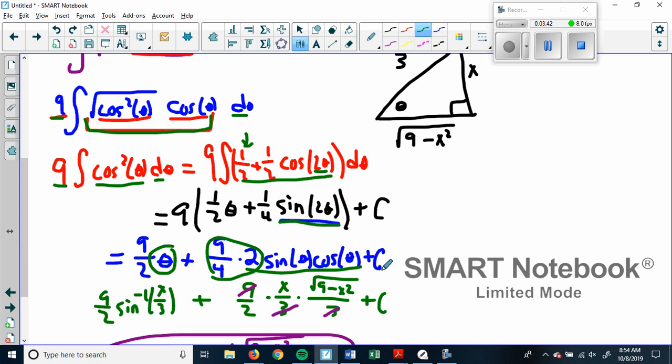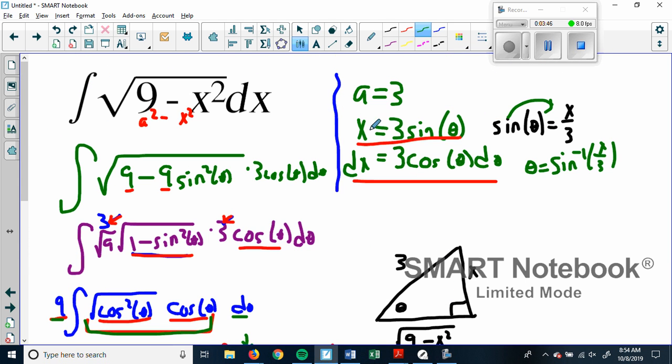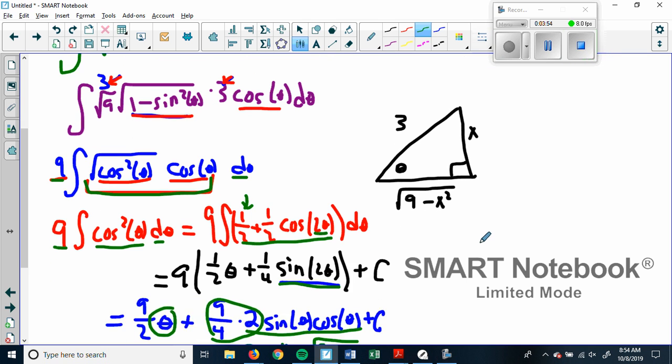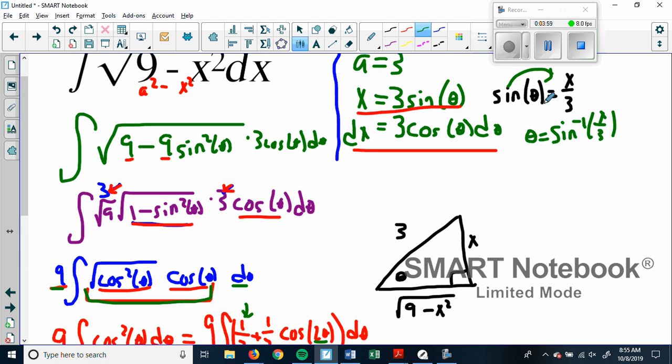Now if we come back up here, remember that x equals 3 sine theta, and so therefore sine of theta equals x/3. So let me explain this triangle here. Sine is x/3. So here's a right triangle. Sine of theta equals x/3.